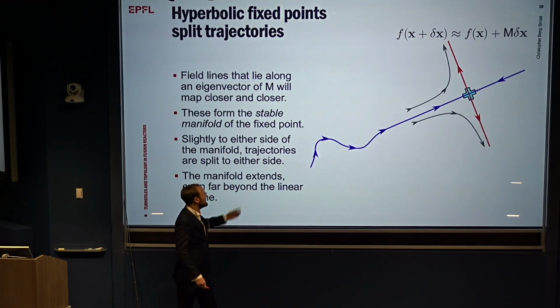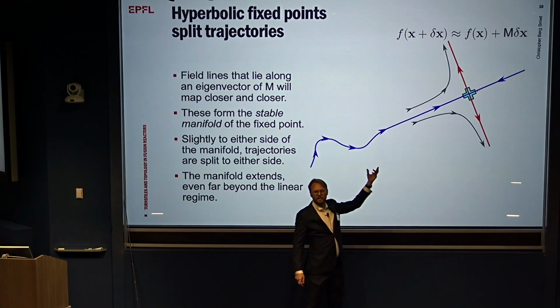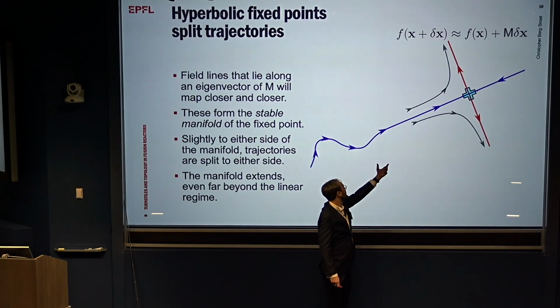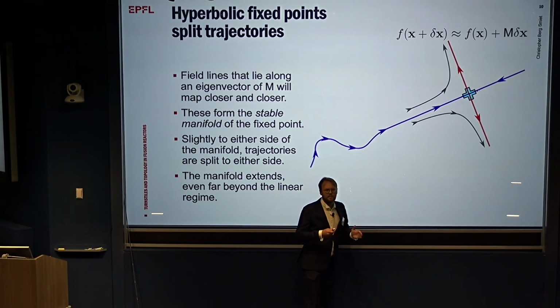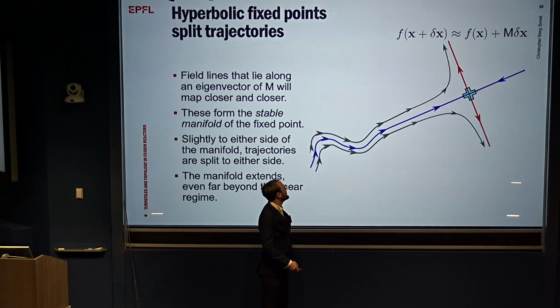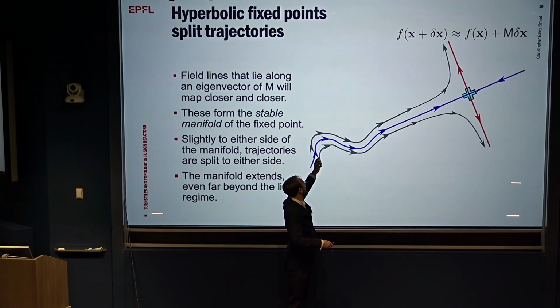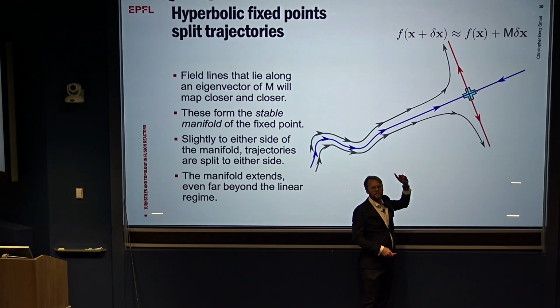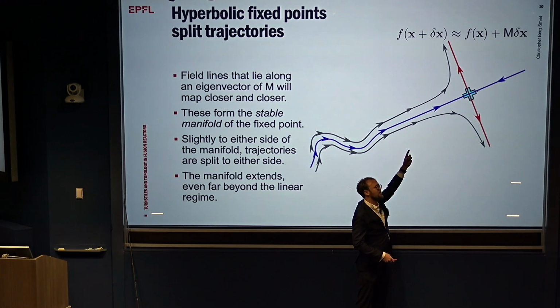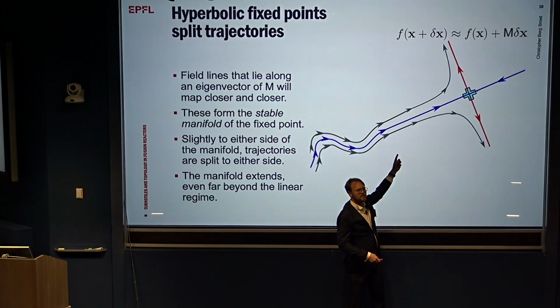Now, that line, linearly, is the span of that eigenvector, but it actually extends much, much further. And it still forms a kind of barrier between the points. If you're on either side of that line, you don't cross that line. You follow it along the manifold, which is what these lines are called.